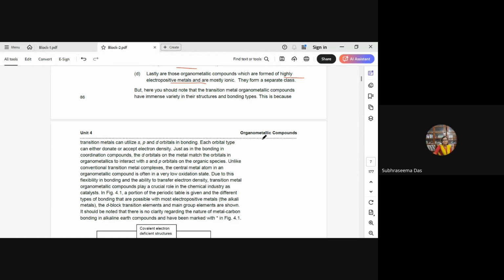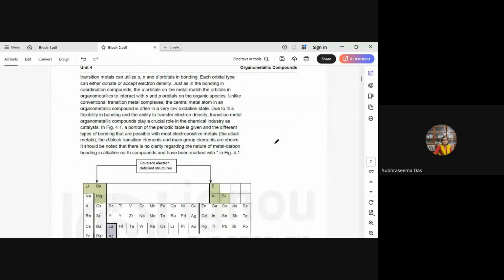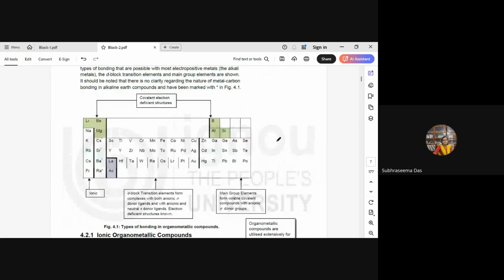In figure 4.1, a portion of the periodic table is given, and the different types of bonding that are possible with the most electropositive metals, that is the alkali metals, and the d blocks, have been shown. Particularly for the group 1 metals, they mostly form ionic organometallic compounds. From beryllium to the boron group, they mostly form covalent electron deficient structures.